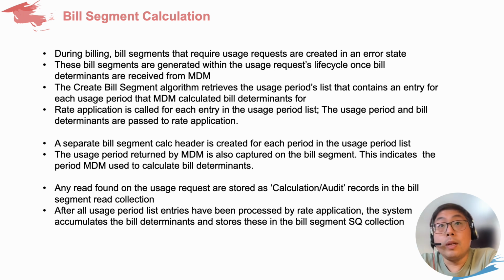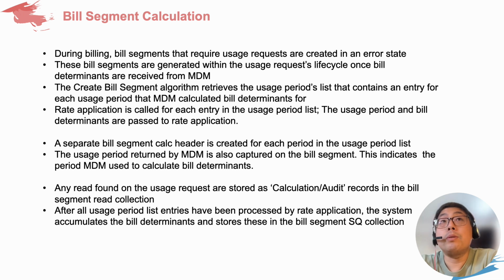So as I said, you can customize them, you can aggregate them by customizing the bill segment algorithm. But you don't have to, because the base algorithm is performing as what we are saying on these slides.